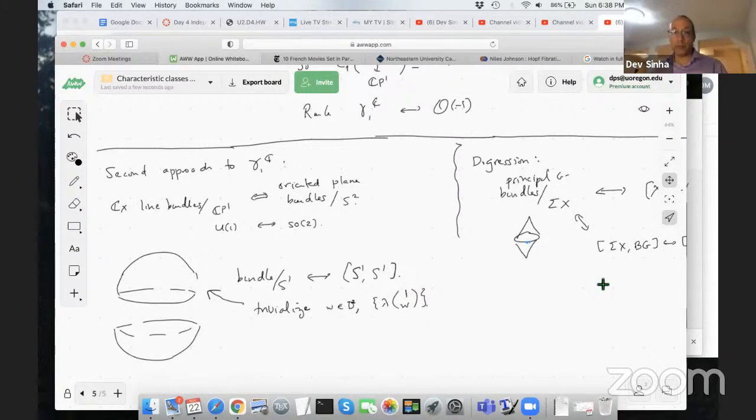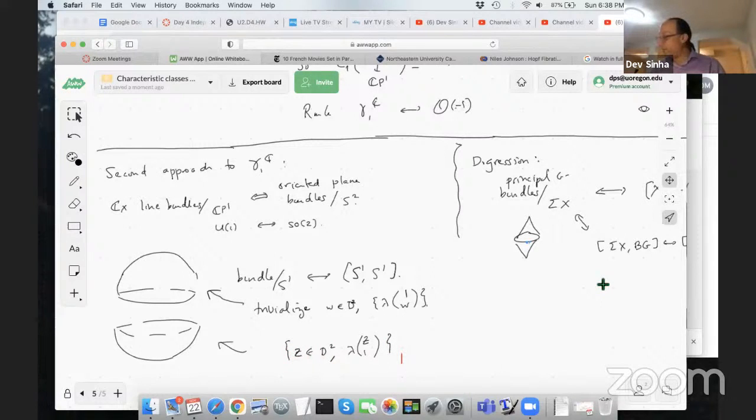That's how I want to get this trivialization. And here I've got a Z in D2 and the scalar multiples of Z, 1. So that's a trivial bundle.